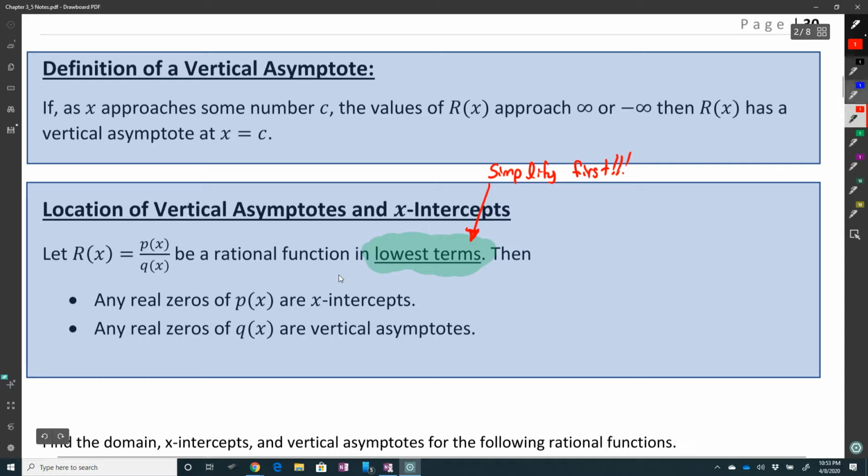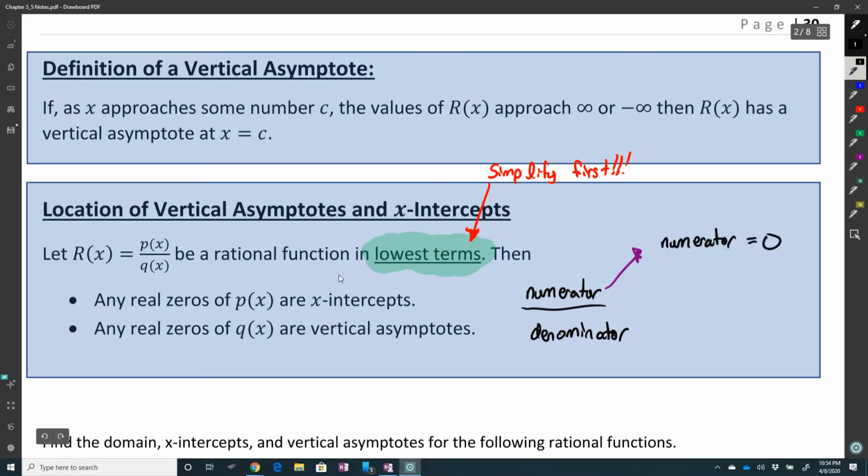Once you simplify, then your fraction's going to have your numerator and your denominator, and for any real zeros of the numerator, all you're going to do is set the numerator equal to 0 and solve that. That's going to give you, actually I lied to you. That's the x-intercepts.